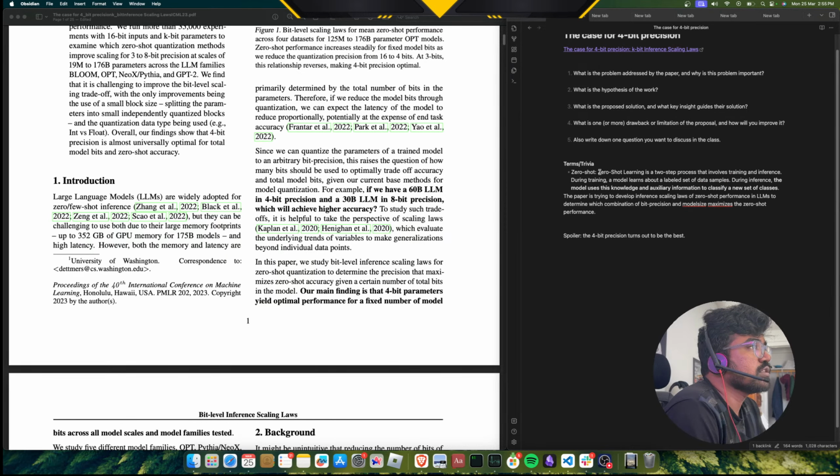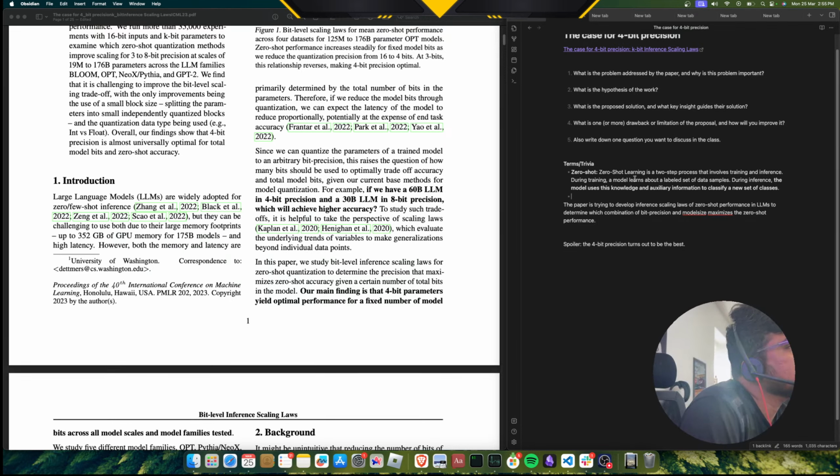Zero shot doesn't mean we're not training it again. They say zero shot learning is a two-step process that involves training and inference.